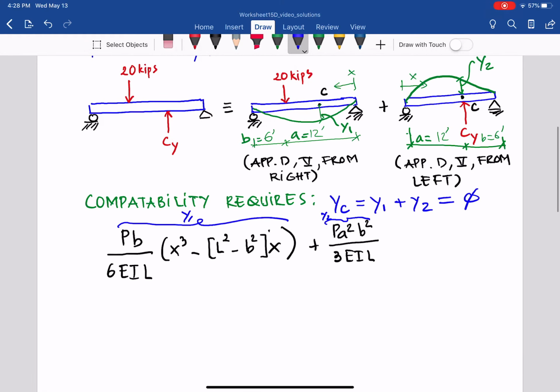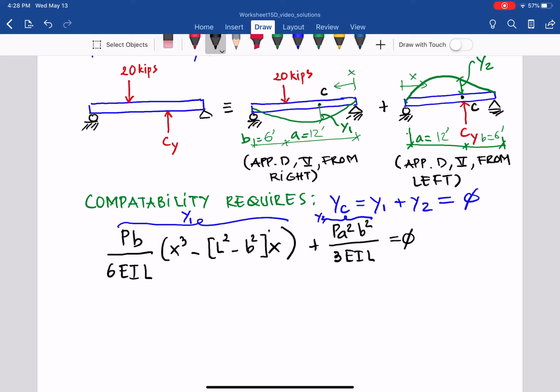So from that we have Y1 plus Y2 equals 0. This has to be equal to 0.